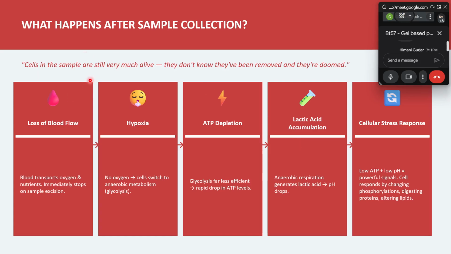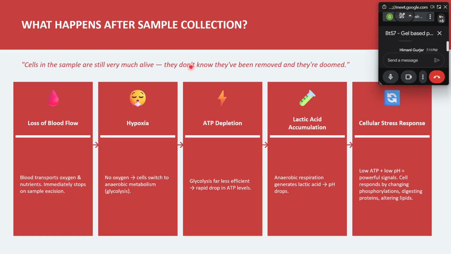So what that professor was trying to tell you is what happens after sample collection. As soon as you take out the sample, what exactly is happening inside those cells, when it is outside the human body or outside any organism, whatever your sample is. Here we are majorly dealing with, for example, a blood sample.